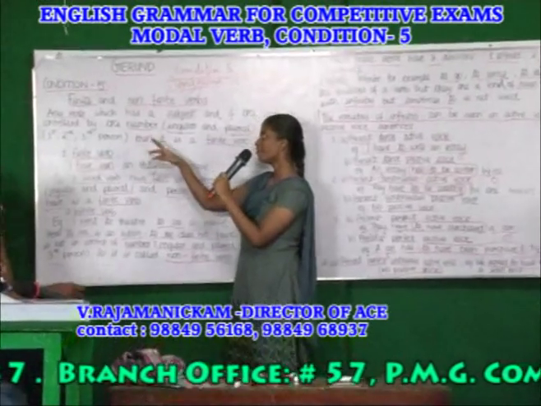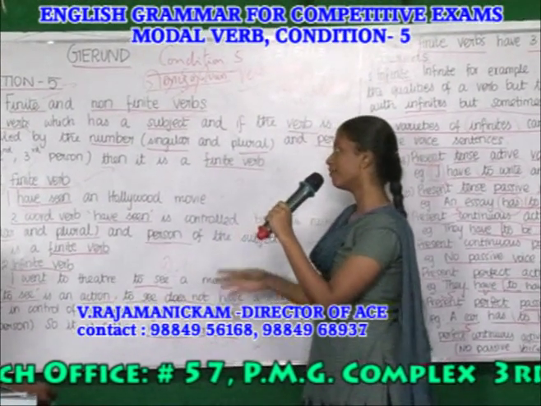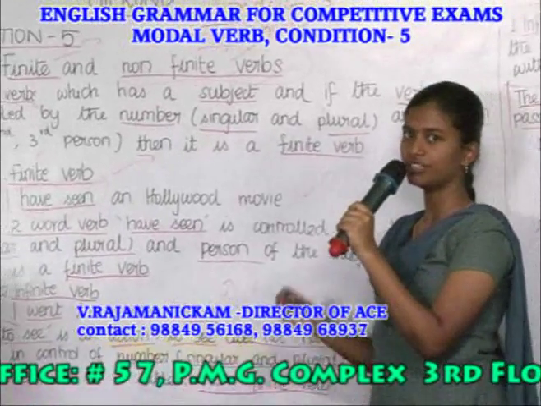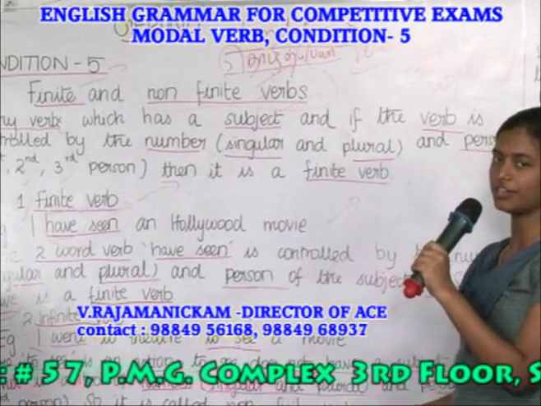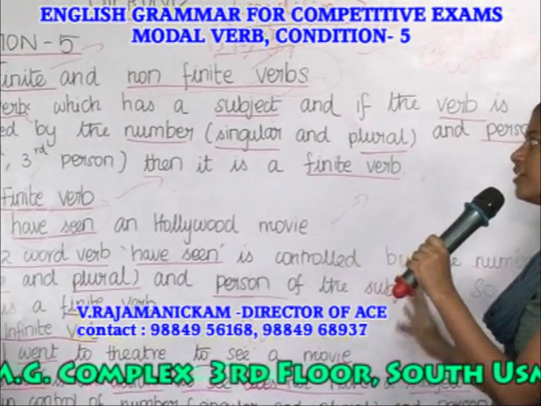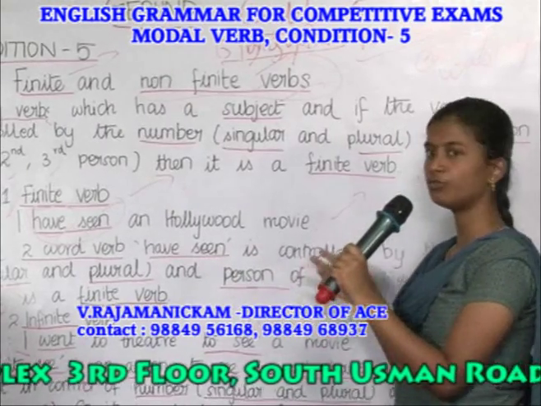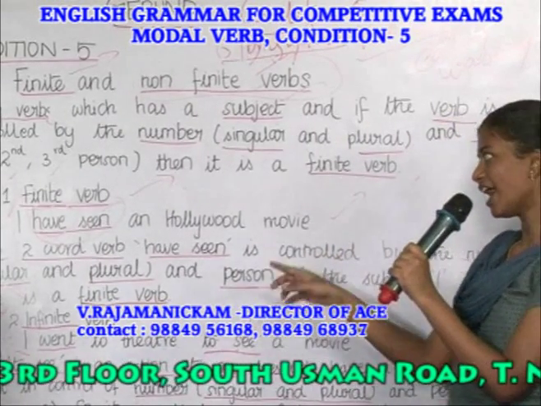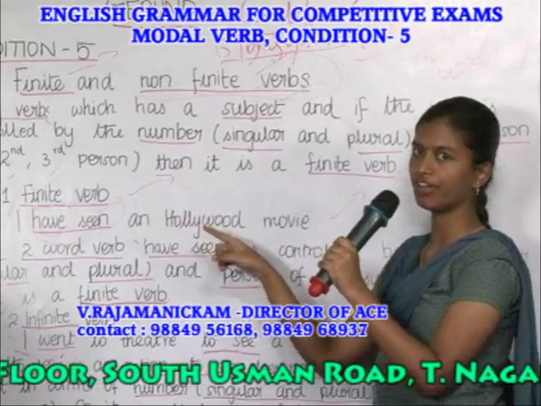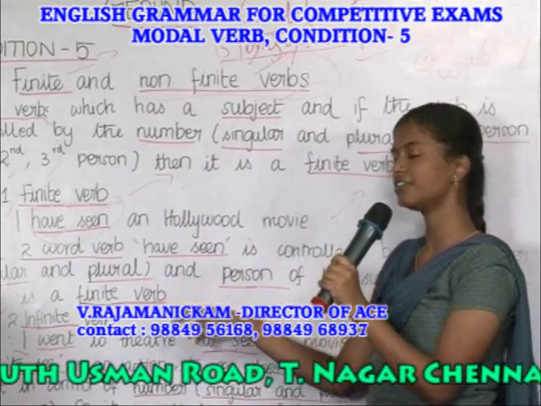நிபந்தனை 5இல் ஃபைனைட் அண்ட் நான் ஃபைனைட் வினைச்சொற்கள் என்பதை பார்க்கிறோம். ஃபைனைட் வெர்ப் என்றால் அது எழுவாயால் கட்டுப்படுத்தக்கூடியது, எழுவாயால் கட்டுப்படுத்த முடியாதது இன்ஃபைனைட் வெர்ப். எடுத்துக்காட்டு, I have seen a Hollywood movie. இதில் have ஃபைனைட் verb, ஏனென்றால் ஐ என்ற எழுவாயால் அதை கட்டுப்படுத்த முடிகிறது.